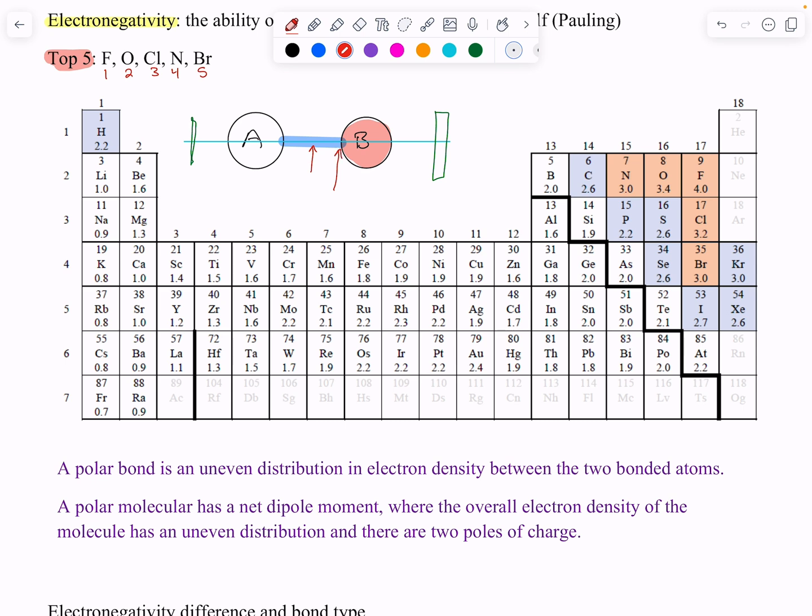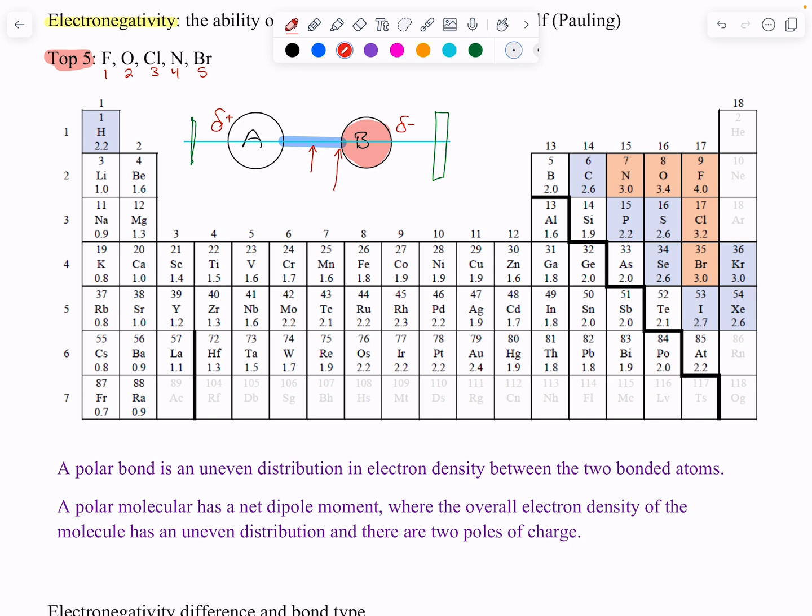What we do for that is we write a delta plus and a delta minus if B is a top 5, because the electrons are not distributed evenly. So it's a partial charge, not a full charge. Now, we'll get to polar molecules later.